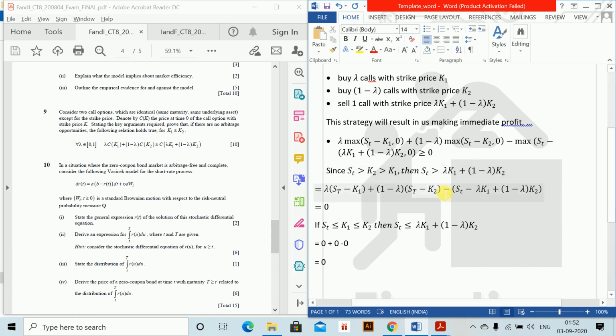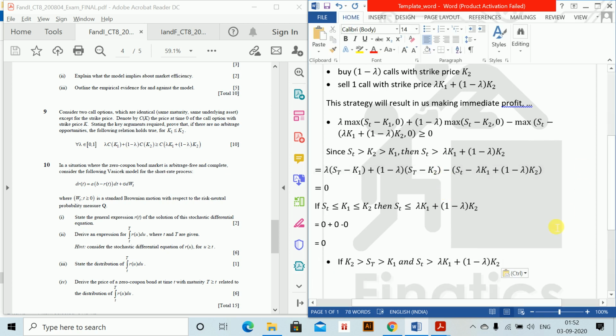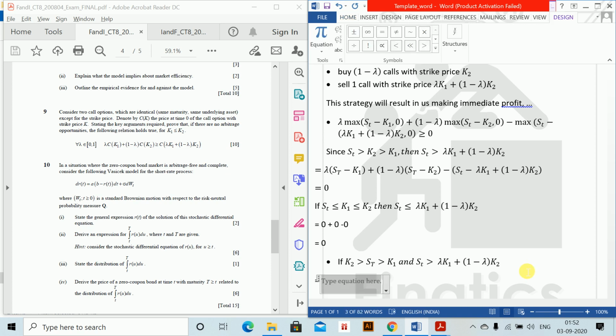And if K2 is greater than S_T, which is greater than K1, and S_T is less than lambda K1 plus (1 minus lambda) K2, then this is equal to lambda (S_T minus K1). Only this will become non-zero, the others become 0.